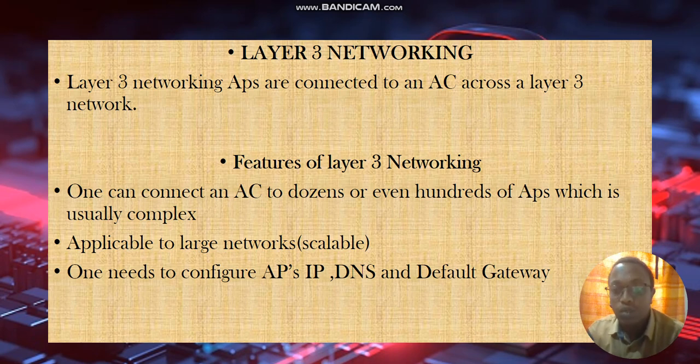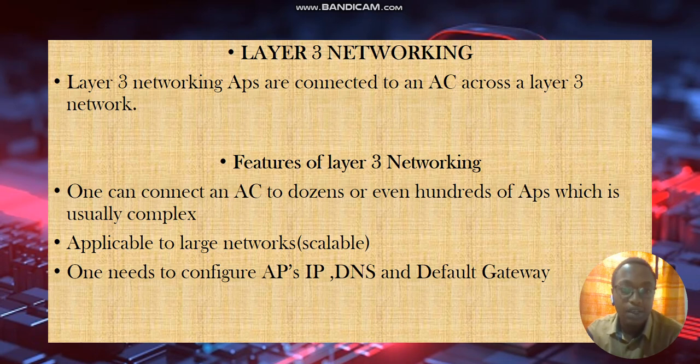Remember, in Layer 2 networking, it's recommended that you only have 4 access point access controller connections, not more than 4. So in Layer 3, we can see that the concept of scalability comes in.